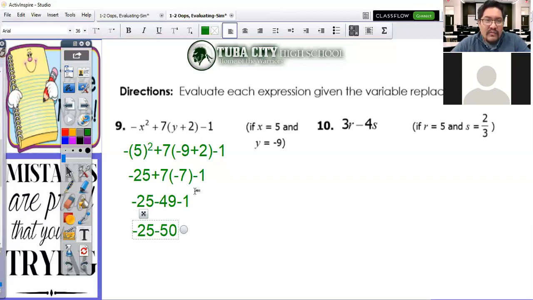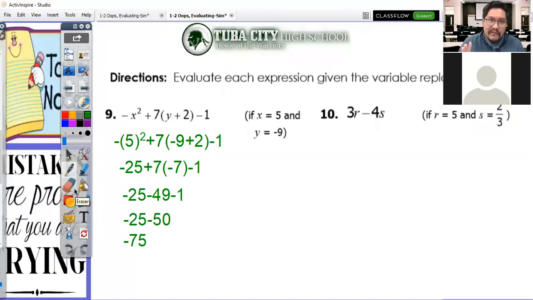Like if I told you, what is 25 plus 49 plus 1? Most people would sit there. But if I ask you, what is 25 plus 50? Like that was hard? No, it'd just be negative 75.